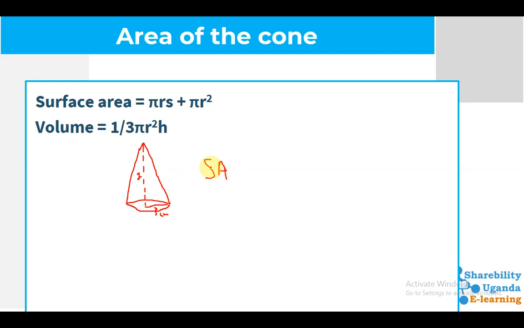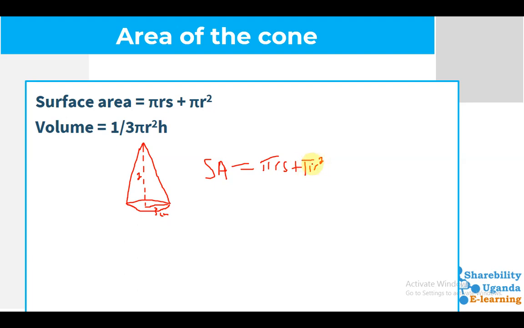How can we work this out? We have been given the height, and we have not been given the slant. Remember, our formula for surface area is equal to pi r s, plus pi r squared.